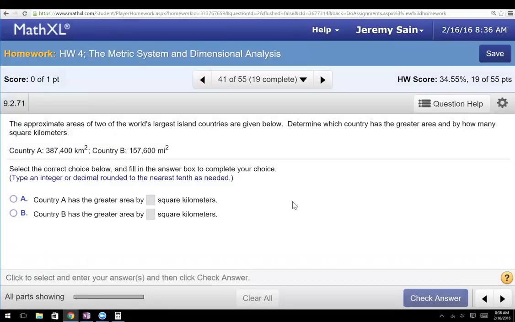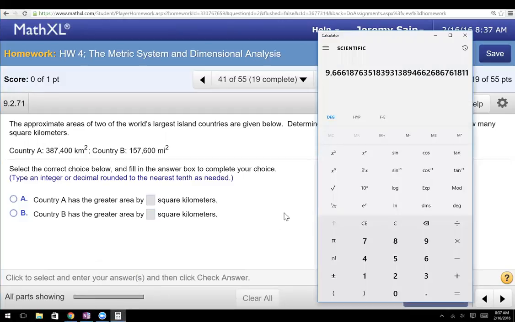All right. Determine which one is greater and by how many square kilometers. So if you just want to know which one was bigger, you could change to square miles, but since they want to know how much by square kilometers, it's a whole lot less work if we just change B to square kilometers, right? So again, if I want to go to square kilometers, do I multiply or divide?